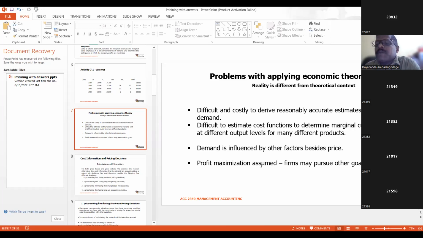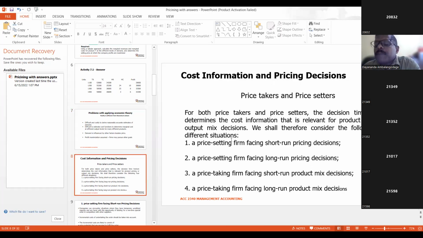Then, when you try to maximize profit, a firm may pursue other goals like social welfare, employee salaries, social responsibility, environmental accountability, etc. Then we discussed pricing from 2 perspectives, the price takers perspective and the price setters perspective. From these perspectives, the cost information was divided into 4 parts.